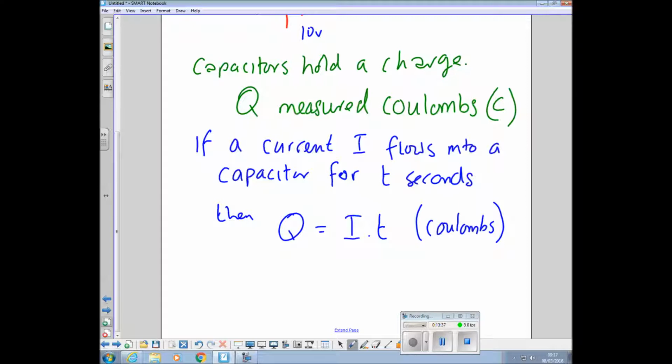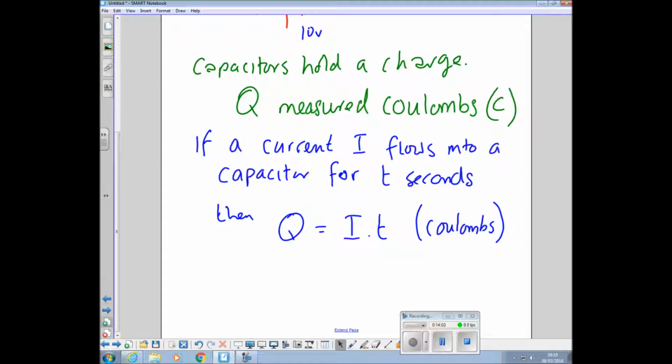So we can find it from how much current flows for a number of seconds. The problem with that, as you'll find out next week, is that if you just leave the circuit to its own devices, current will not stay constant. It will vary. So we'll be covering that next week.